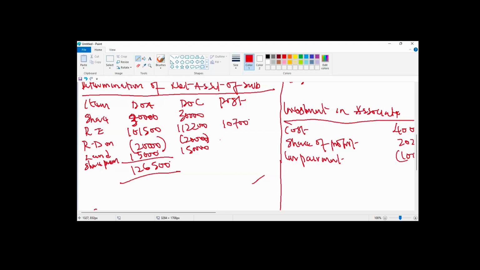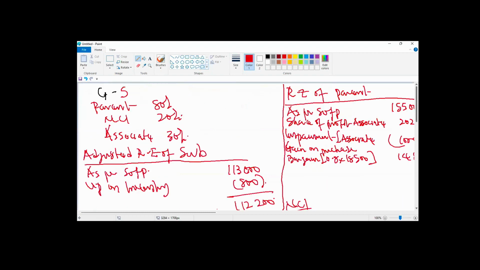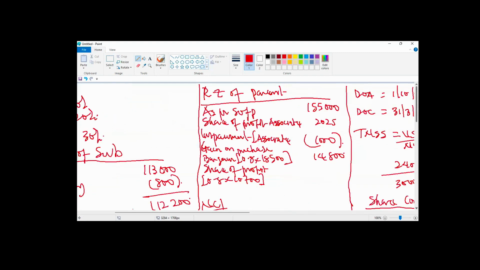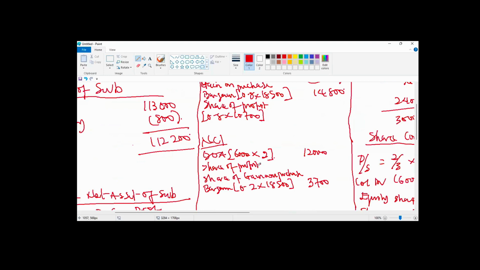Share of profits now between the parent and NCI: 0.8 times 10,700 and 0.2 times 10,700. 0.8 times 10,700 is 8,560. That's the end.